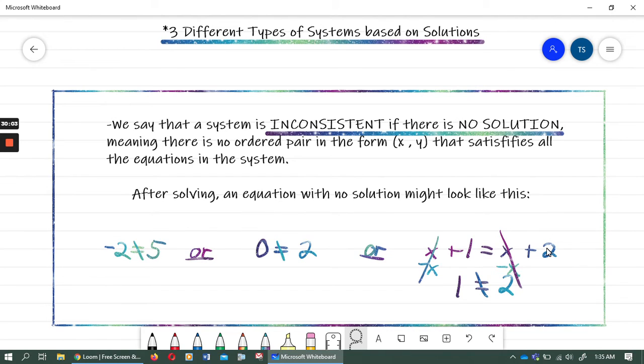So guys, this is what it boils down to. If you are trying to solve an equation and both of your variables cancel out, and you get to a place in solving that equation where you know without a shadow of a doubt, you know unequivocally.